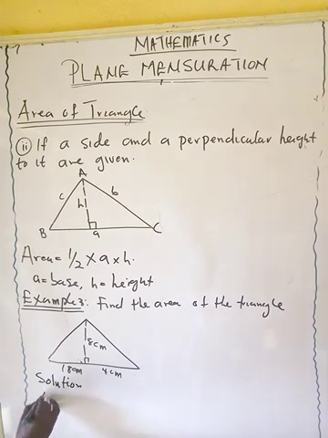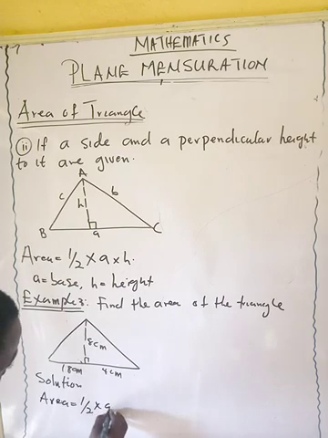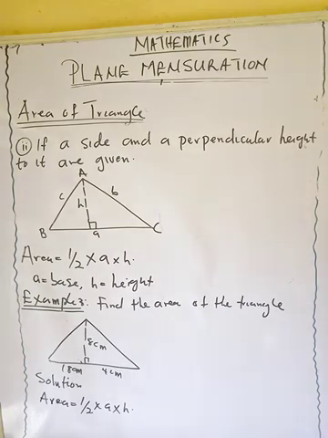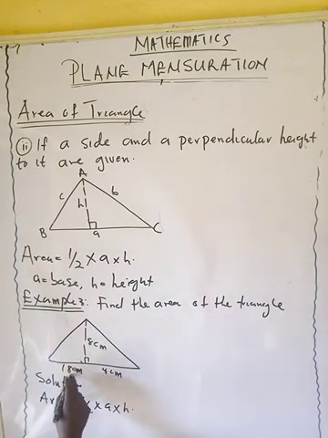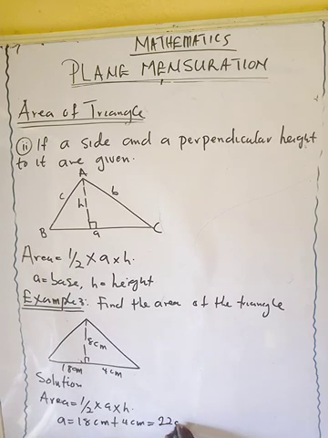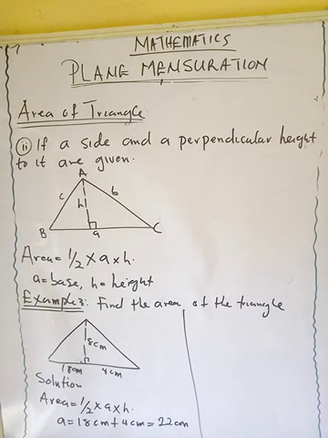So to calculate the area of this triangle, we will have half of A times height. To get our A, A will be equal to 18 centimeter plus 4 centimeter, which gives us 22 centimeter.